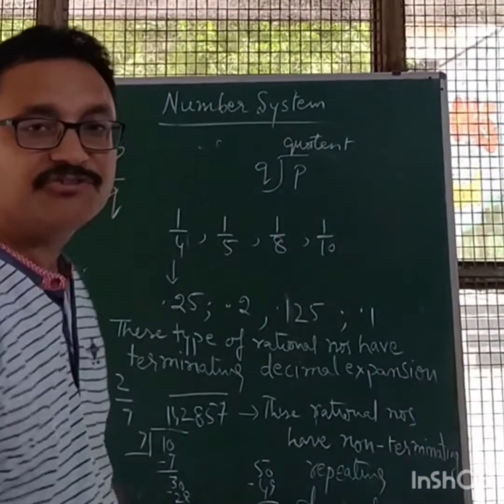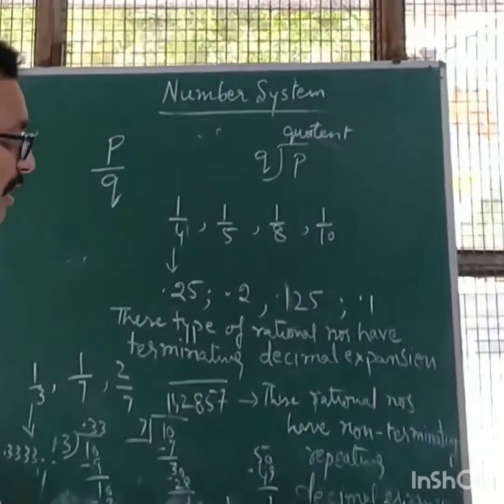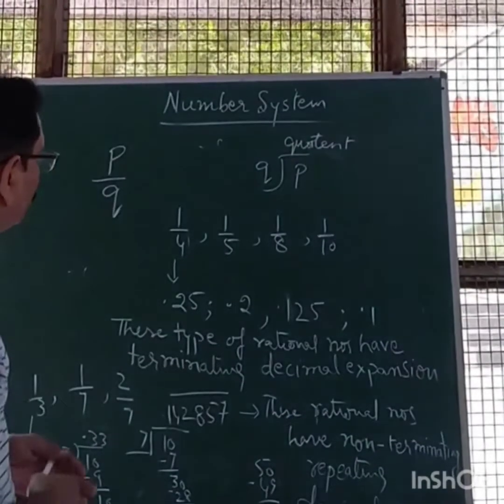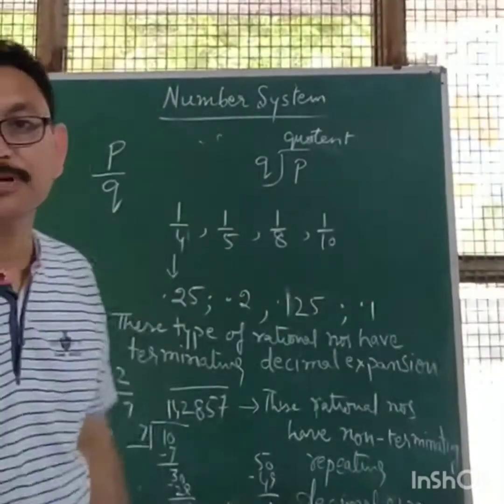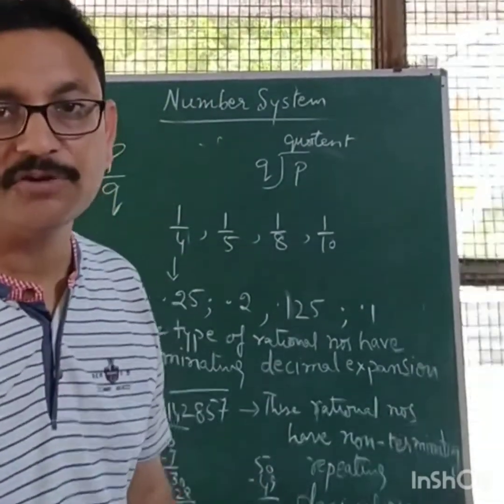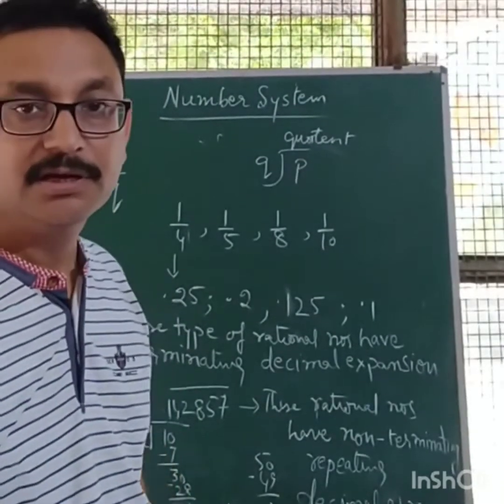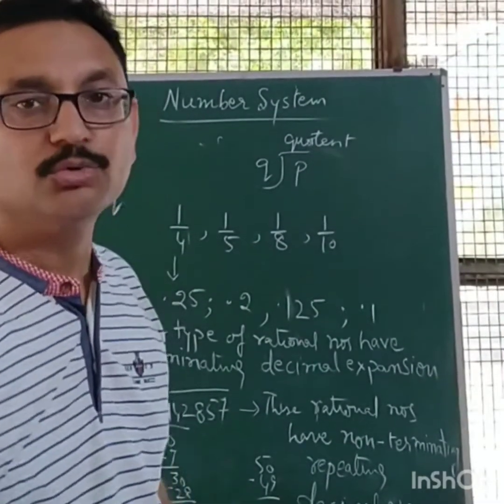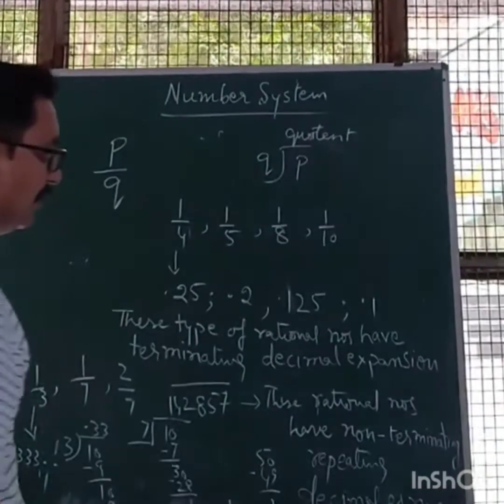The type of questions in 1.1 are to put 5 rational numbers, 6 rational numbers or 4 rational numbers between any other 2 rational numbers.